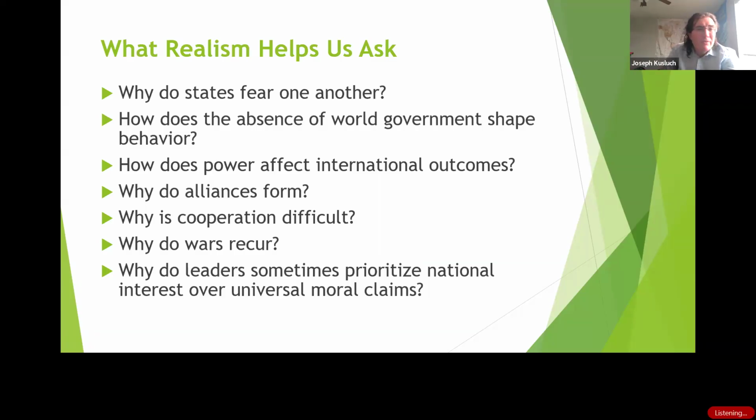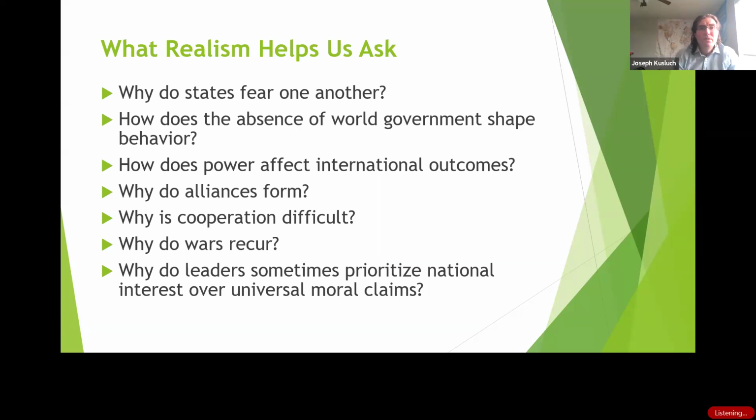How do power and military capability affect political outcomes? Why do alliances form? Why is cooperation difficult, even when states share interests? Why do wars reoccur over time? And why do leaders sometimes prioritize national interest over universal moral claims?